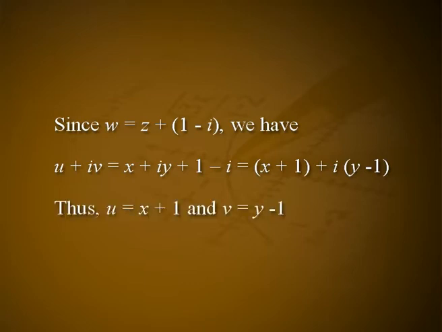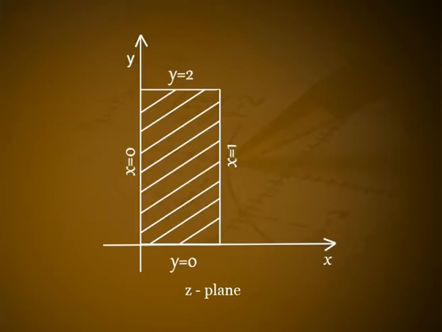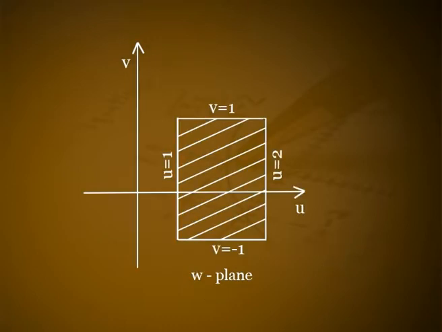Thus, u equal to x plus 1 and v equal to y minus 1. Hence, the lines x equal to 0, y equal to 0, x equal to 1, y equal to 2 in the z plane are mapped onto the lines u equal to 1, v equal to minus 1, u equal to 2 and v equal to 1 in the w plane.